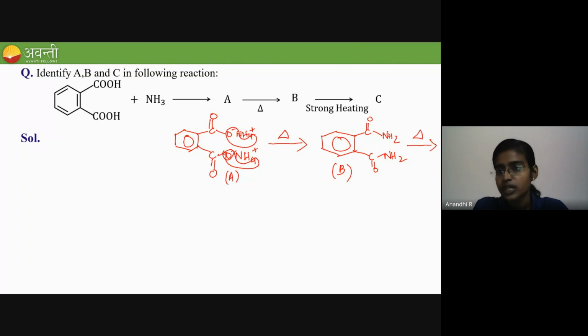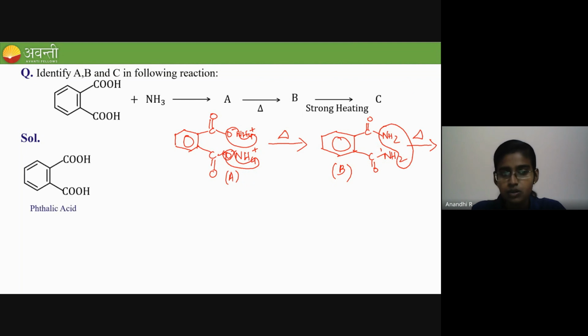Still you have to heat it further. So here what happens? NH3 is removed. NH2 from one carbon and H from the NH2 group of the other carbon go out as NH3, and this carbon is now going to form a bond with this nitrogen. So what will you get? This is the compound phthalic acid, which is a dicarboxylic acid.